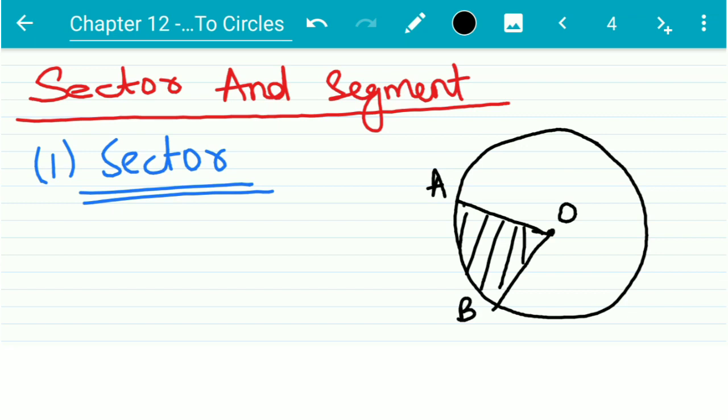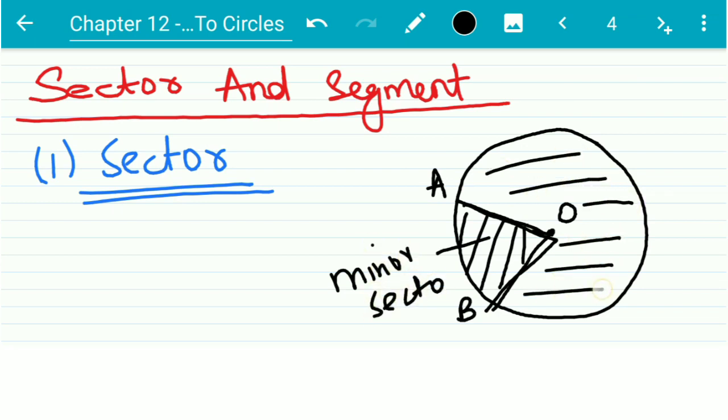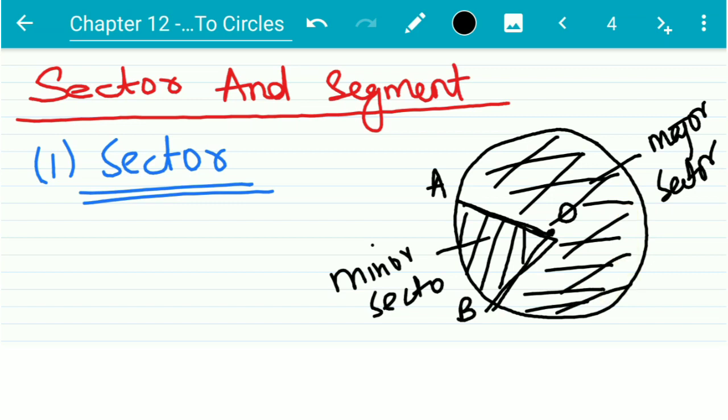Okay, since this is a small part, this is the minor sector, and you can see here also this is the major sector. The small part AOB is the minor sector, and other than this, the big part is the major sector. So sector is of two types. First one is minor sector and second one is major sector.